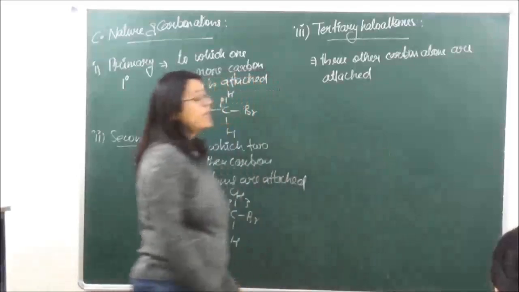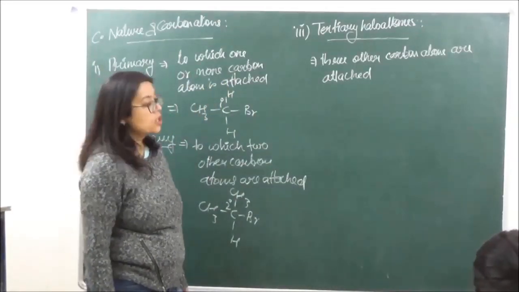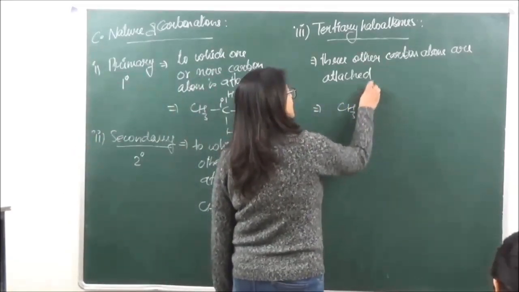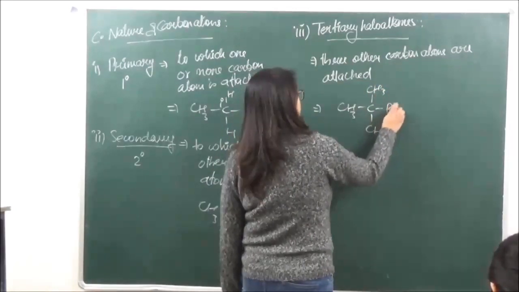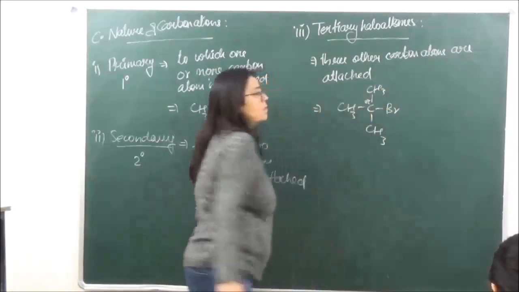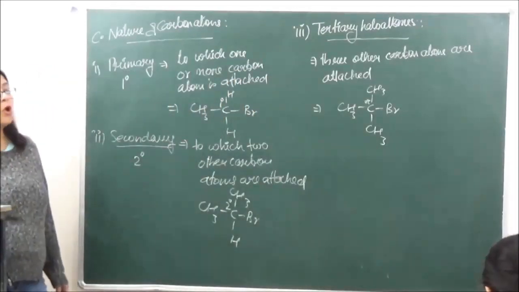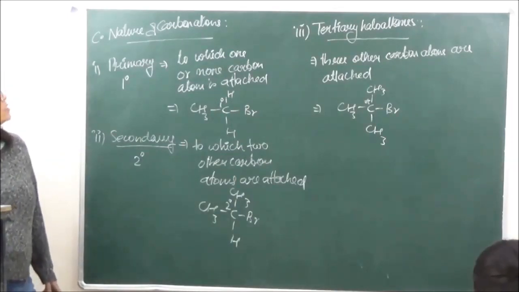To which 3 other carbon atoms are going to be attached, that is tertiary. So tertiary is going to be represented as this, this is going to be the tertiary carbon atom, or it is more commonly known as 3 degree carbon atom. ठीक है? So this is the third classification which we have done.